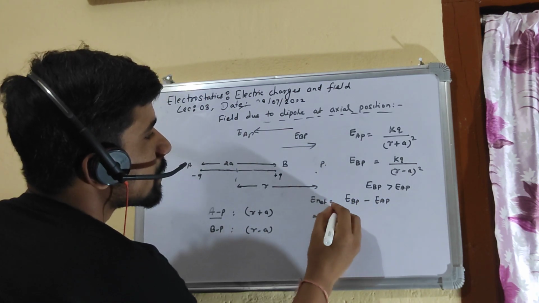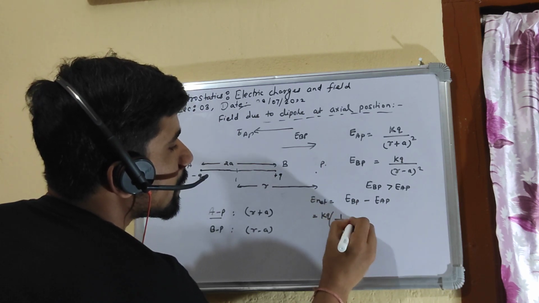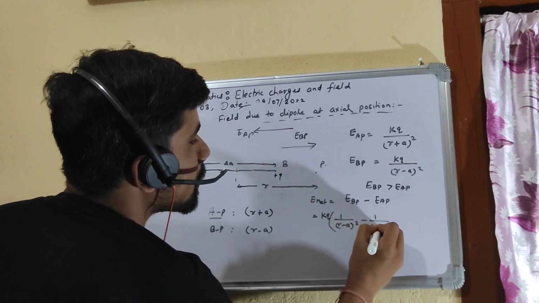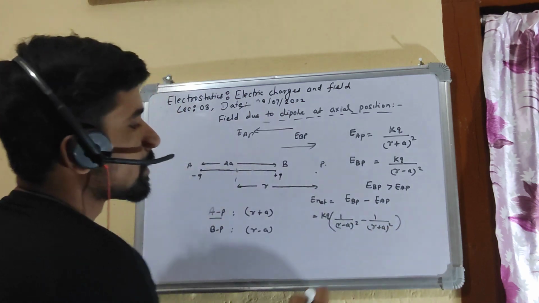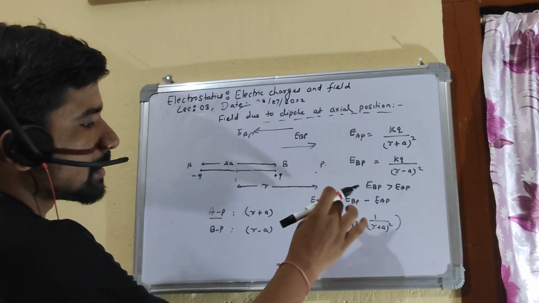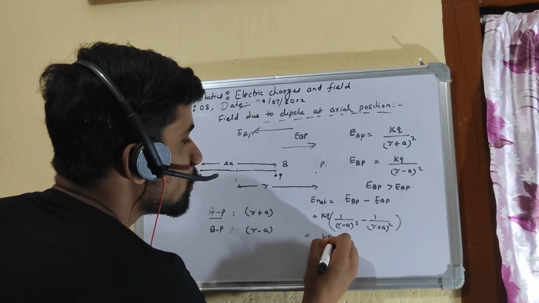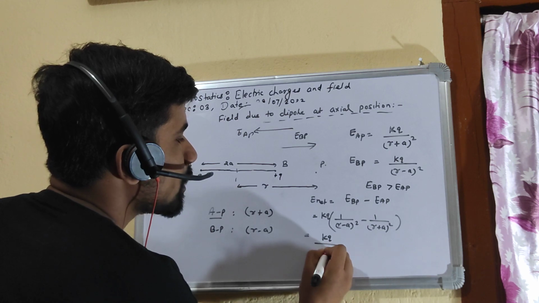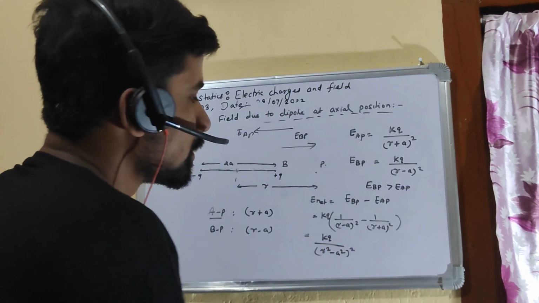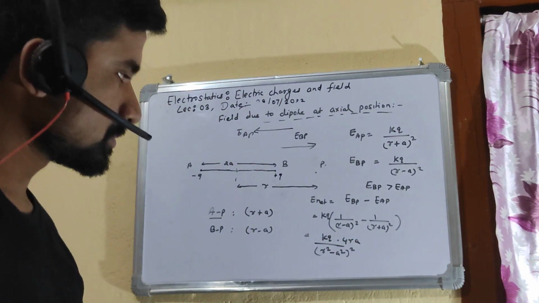Which is, if I take common, kq times 1 by (r minus a) square minus 1 by (r plus a) square, right? Now if I evaluate this and take the LCM, it will be something like kq by (r square minus a square) whole square into 4ra, right?